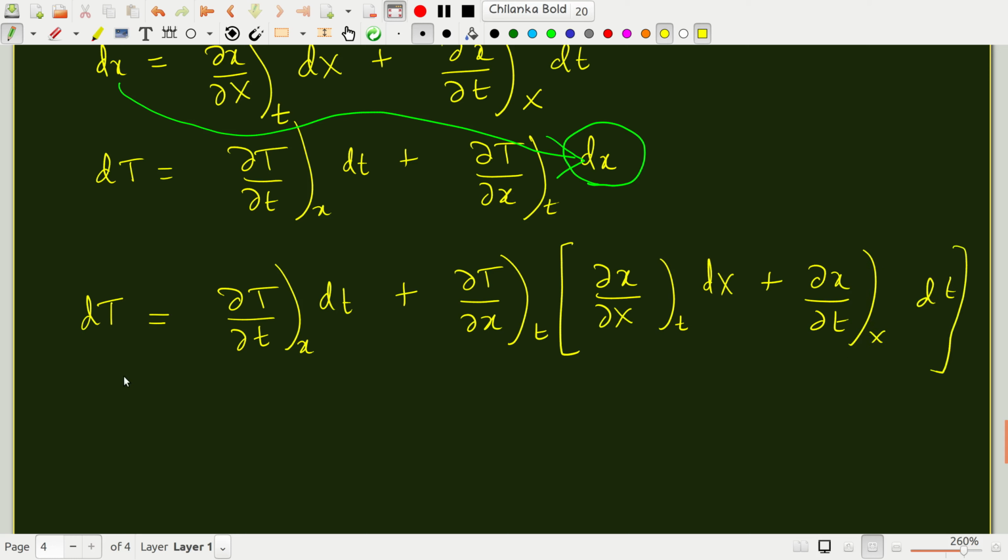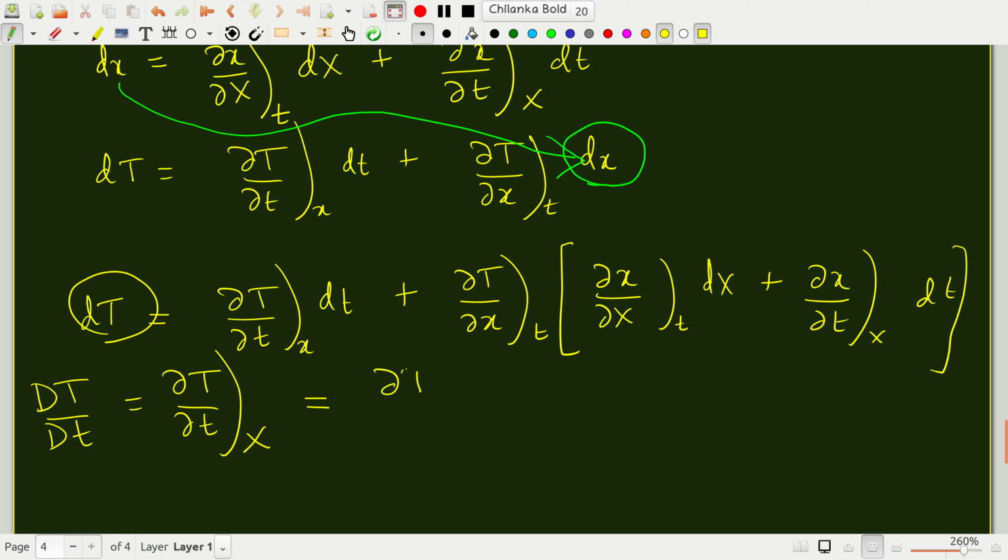Okay. Now the next thing is, we know that the substantial derivative or the total derivative of temperature with time is the partial derivative while keeping capital X constant in this 1D example. So what I will do is, I'll take this expression for dT and differentiate with respect to time, keeping capital X constant. Now dt by dt is 1, so the first term will simply give you partial T by partial t at constant x.